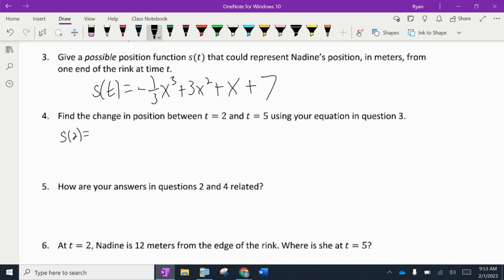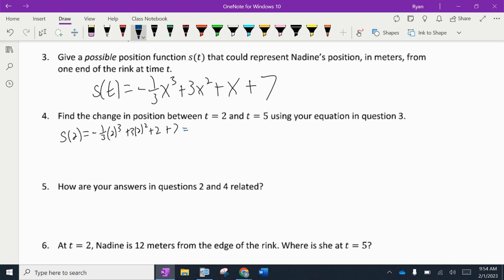let's do some calculating. Calculate S of 2. So I'm plugging 2 in. That's negative 1/3 times 2 cubed plus 3 times 2 squared plus 2 plus 7. I'm going to simplify that just a little bit. Some of it just looks kind of messy.